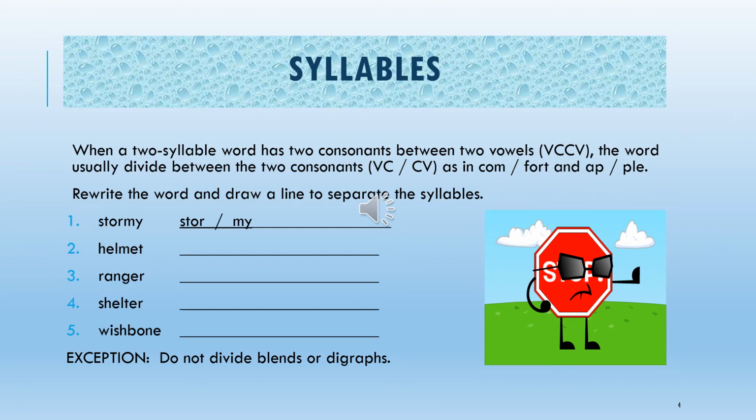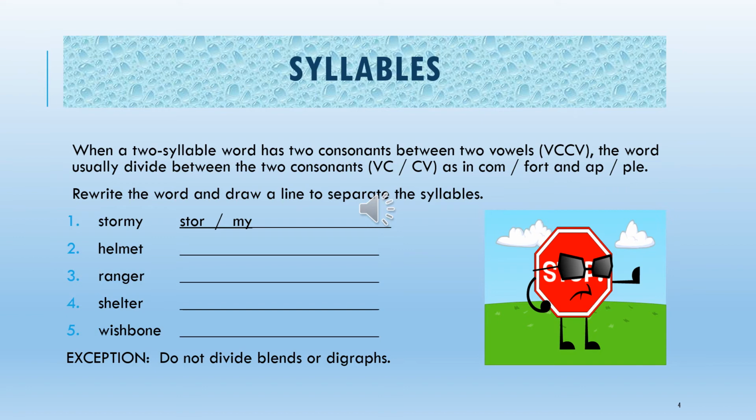So we have an example here. Comfort. You see, the word comfort: O is a vowel, M is a consonant, F is a consonant, and O is a vowel. So the word is going to be divided between the two consonants. And the same thing is going to happen to apple. The word is going to be divided between the two consonants.